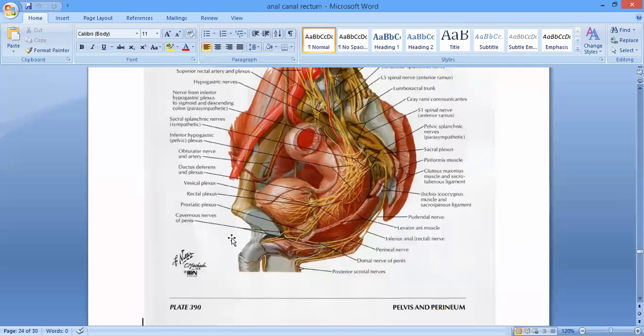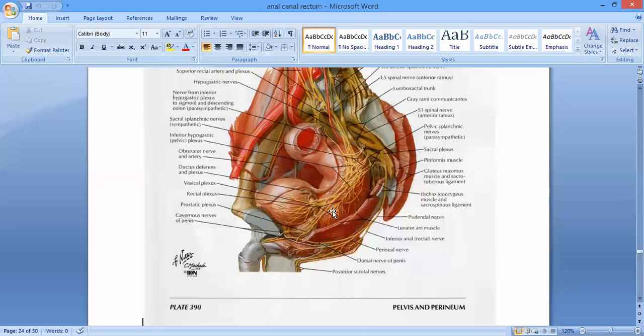Okay, nerve supply. Maybe we have got the upper half, and I told you before that it is going to receive its nerve supply, which is autonomic, and that's coming from the inferior mesenteric plexus. In the inferior mesenteric plexus, the parasympathetic fibers that are coming, where are they coming from? Does anybody remember?